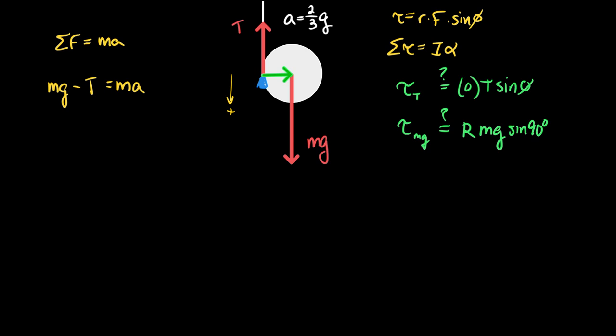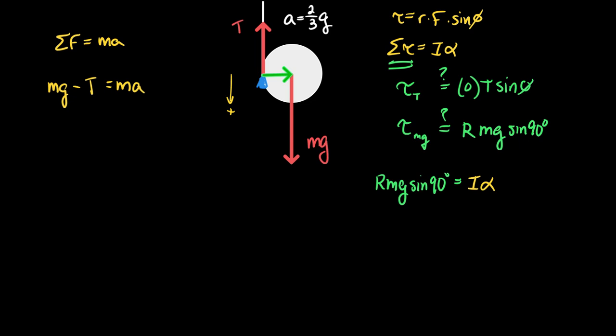The three parts of a torque. All right, so net torque is the sum of these two. I will add them up and get R m g sine 90 degrees equals I alpha.